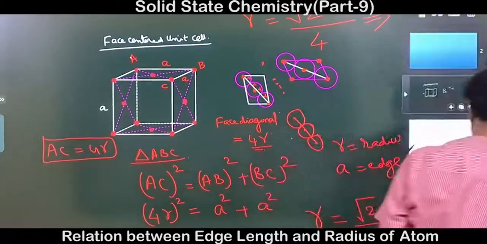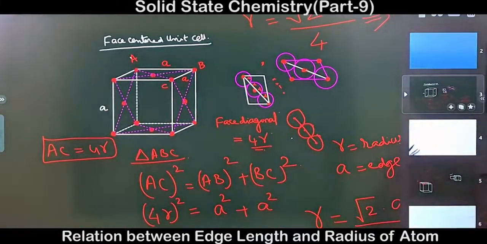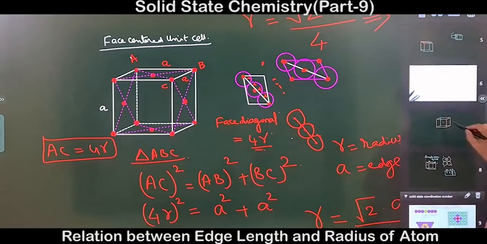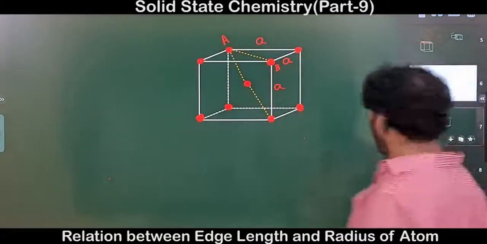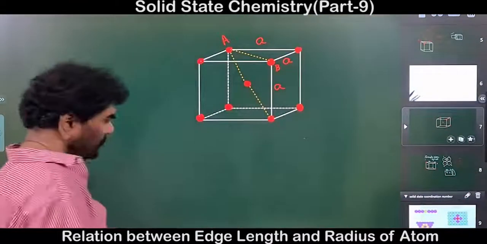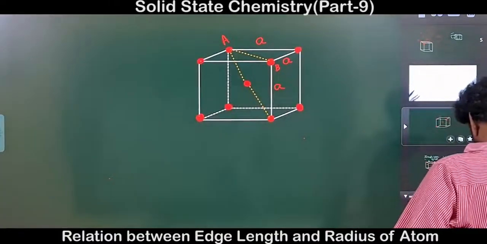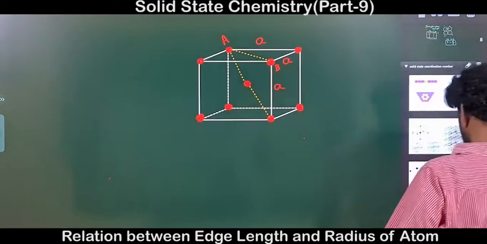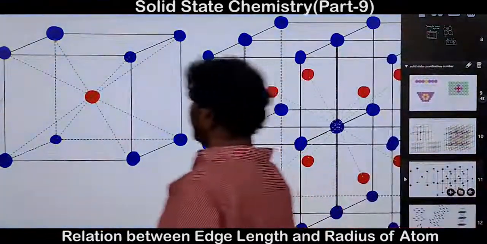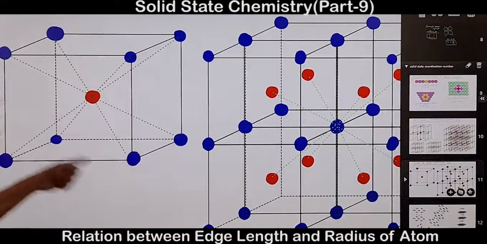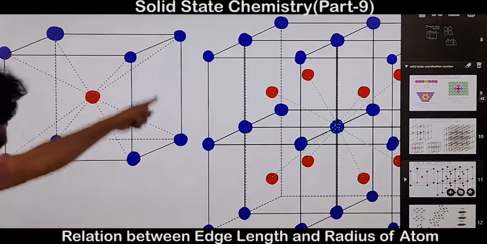If you come to the last one, that is the body center. I would like to show you yesterday's figure. Here you see, this is the body centered cubic unit cell.